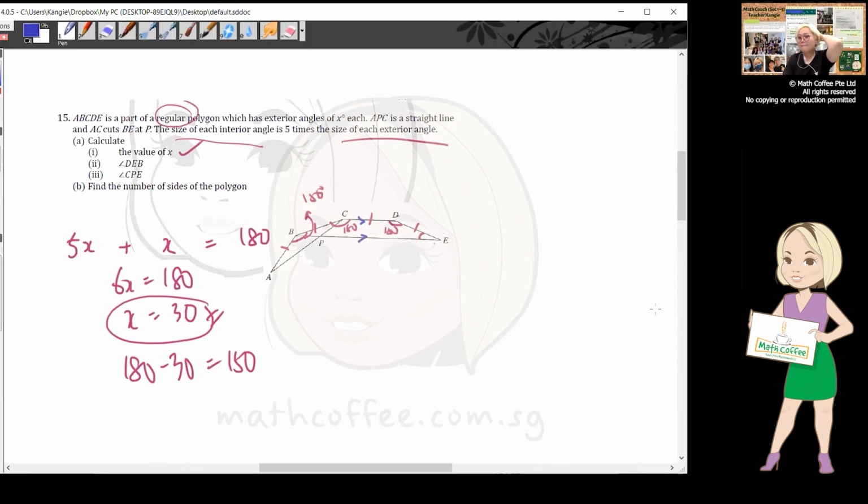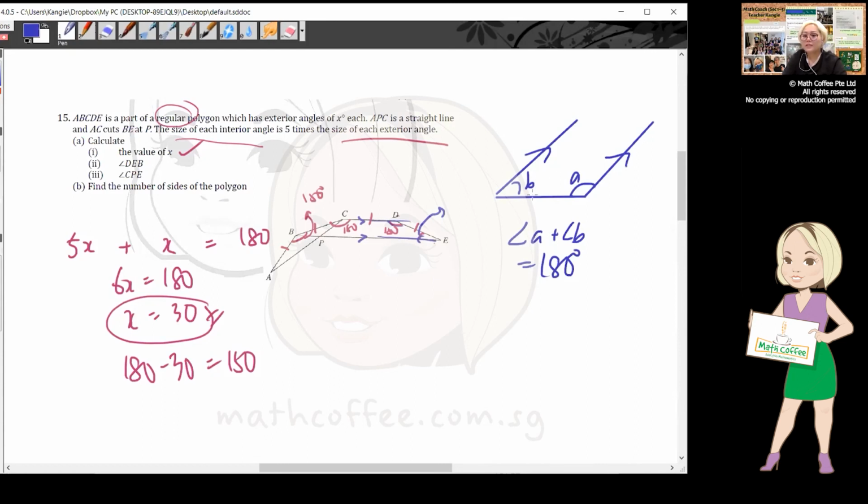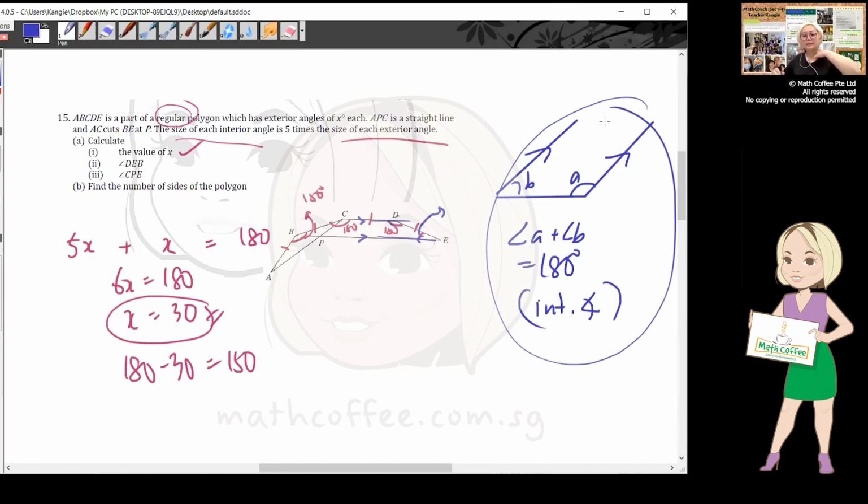Based on the parallel line, you'll be able to find this angle, because this is an exterior angle. This and this add up together to give me 180. For parallel lines, angle A plus angle B is 180 degrees. This property is called interior angles, a property of parallel lines.